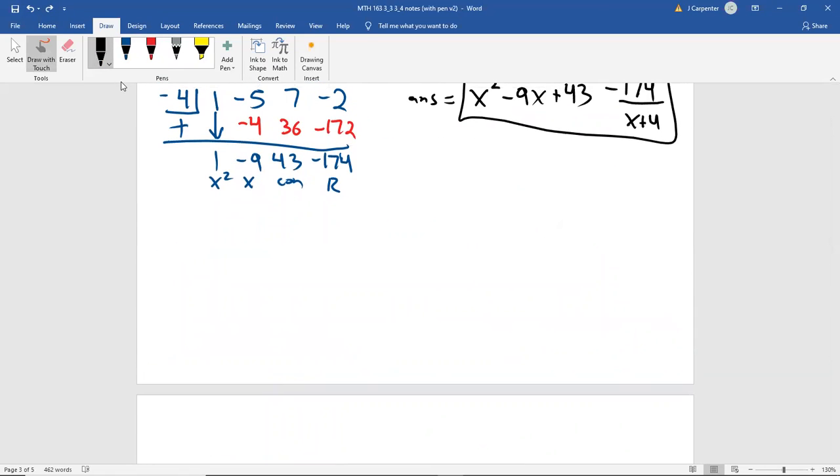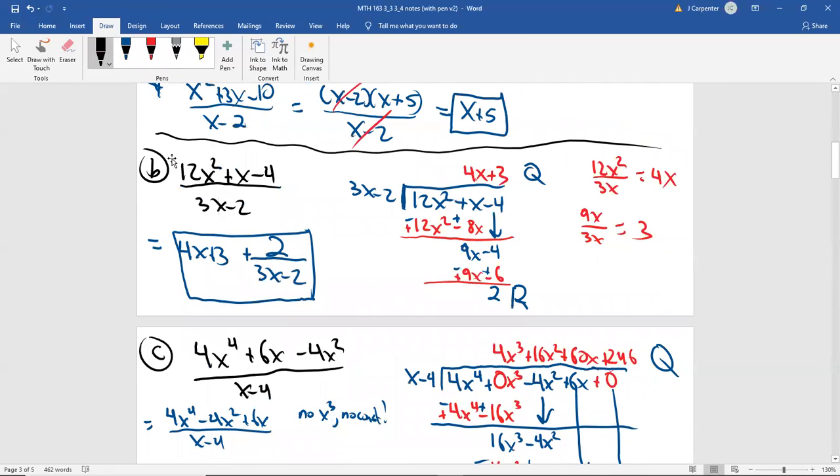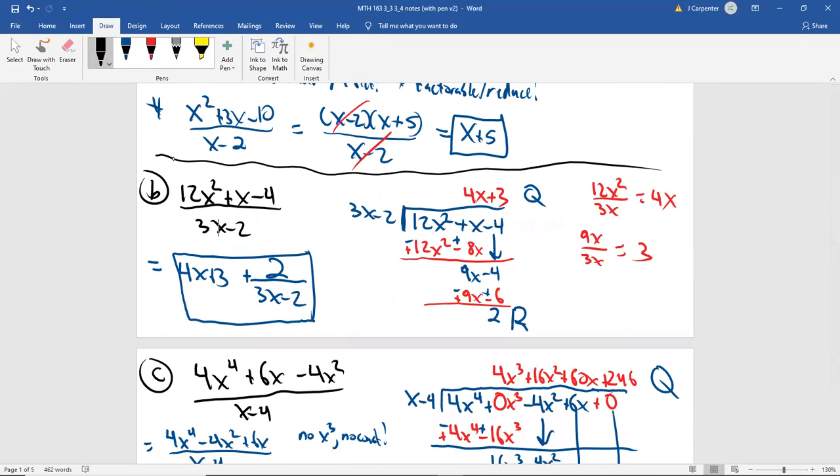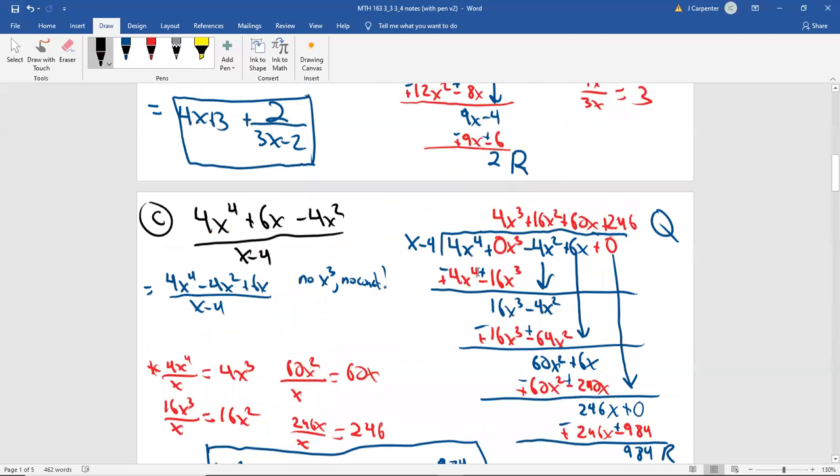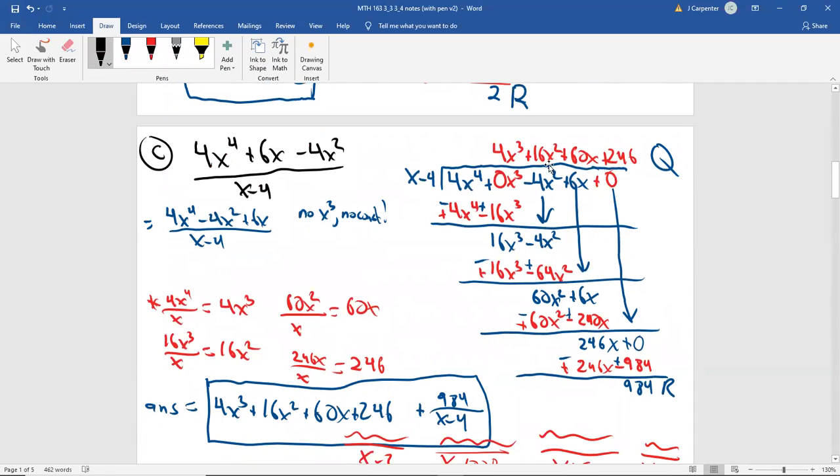All right, for C, and actually what we're going to do for C is we're going to do 1C again. So this problem right here, we're going to do all over with synthetic division. Now look at how much space this took up doing it long division, and it was 1, 2, 3, 4 full revolutions of long division. Divide, multiply, subtract, divide, multiply, subtract, divide, multiply, subtract, divide, multiply, subtract.